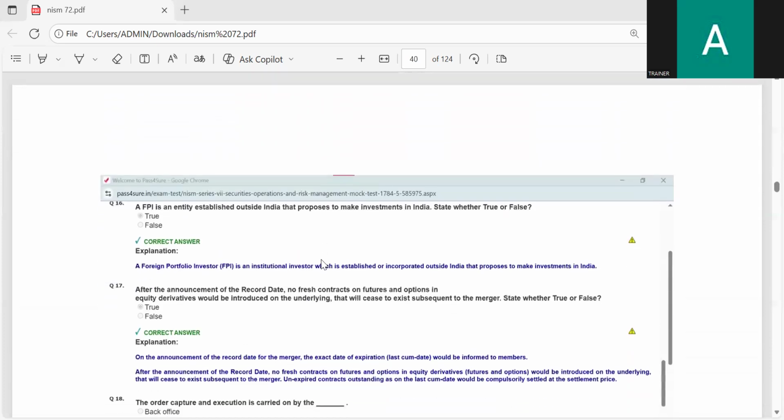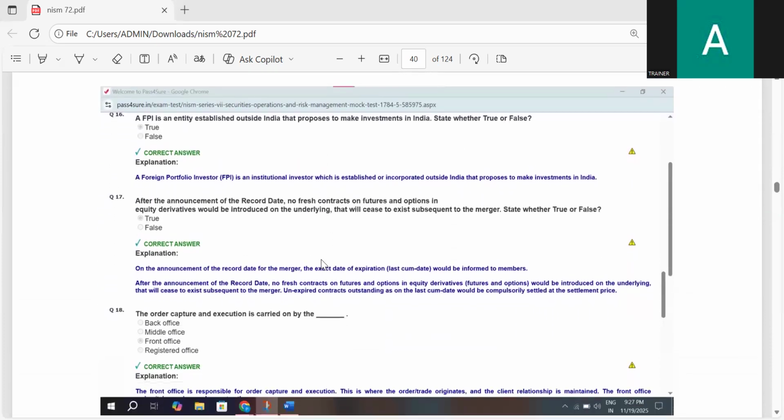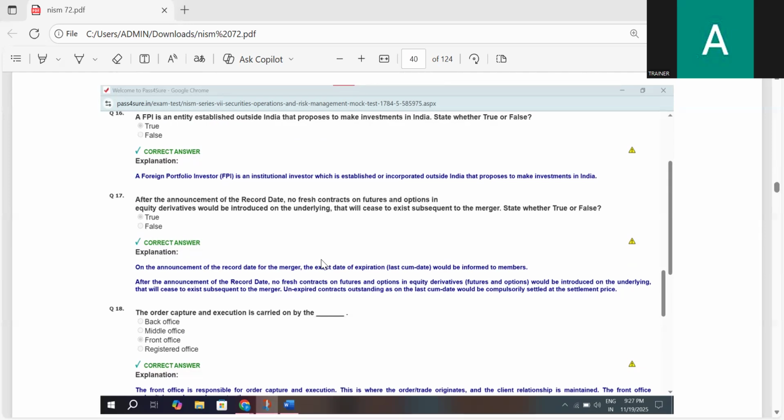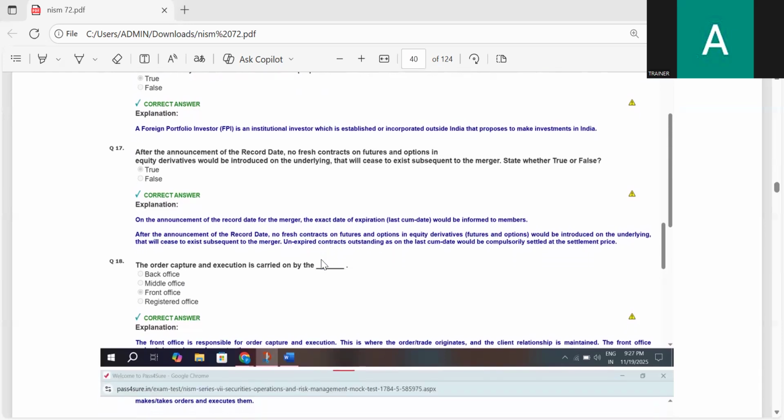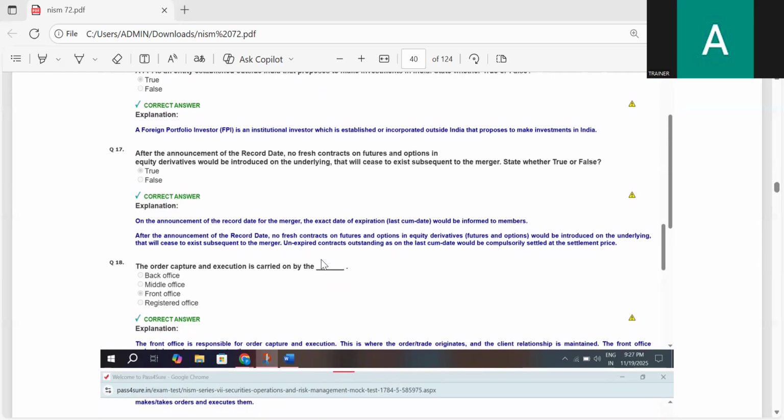A FPI is an entity established outside India that proposes to make investment in India. State whether true or false. True. Foreign portfolio investors. After the announcement of the record date, no fresh contracts of future and option in equity derivatives would be introduced on the underlying that will cease to exist subsequent to the merger.